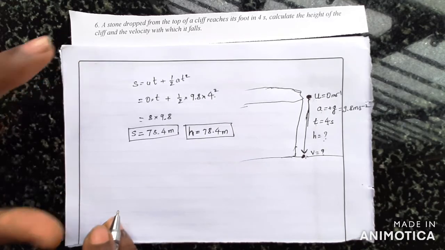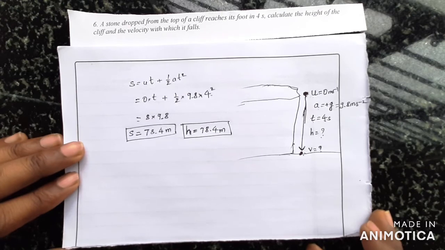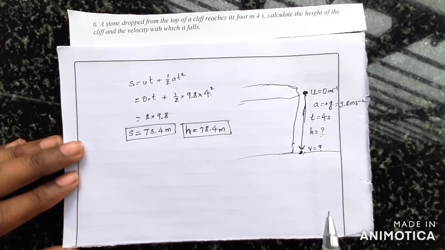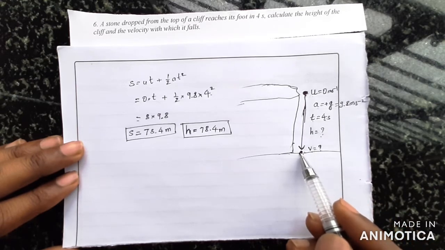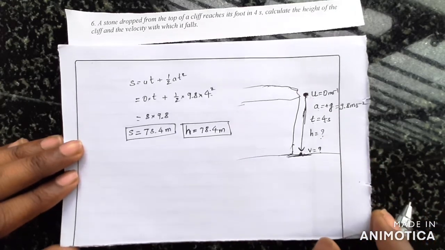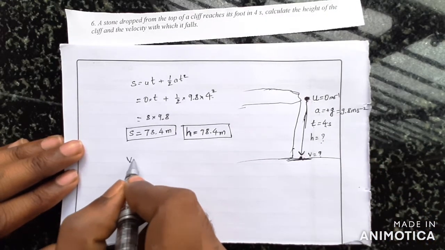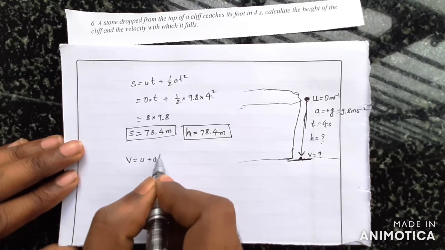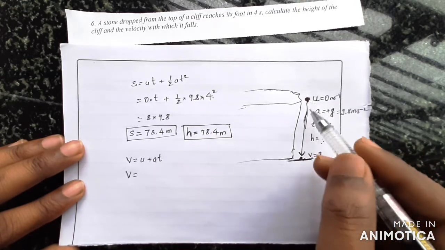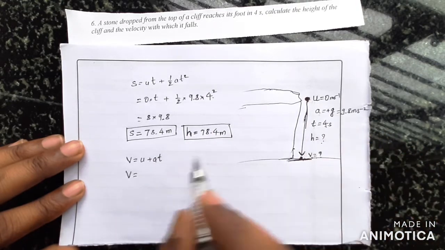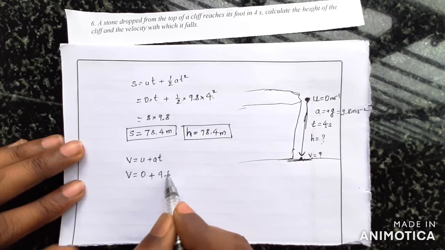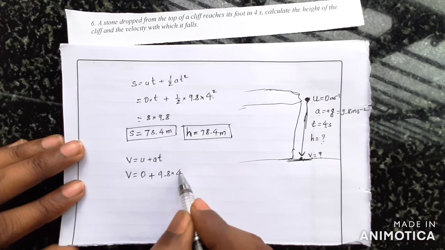Okay, so that's it. We have s with us. One of the factors is calculated. Moving ahead, we need the final velocity of the stone when it reaches the ground. So very simple. The first equation of motion says v is equal to u plus at, where v is the final velocity, u is the initial velocity, a is the acceleration of the body, and t is the time taken. u is 0, plus acceleration is 9.8, time taken is 4 seconds.